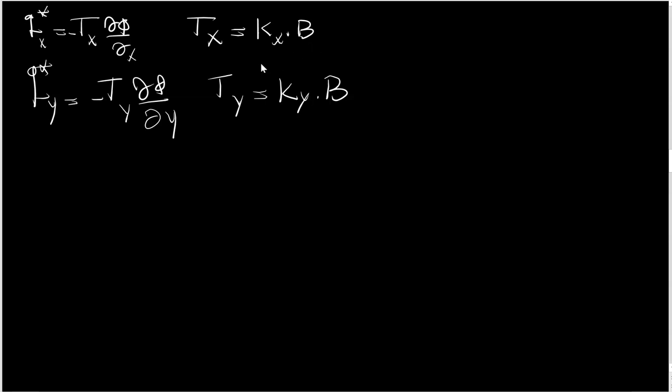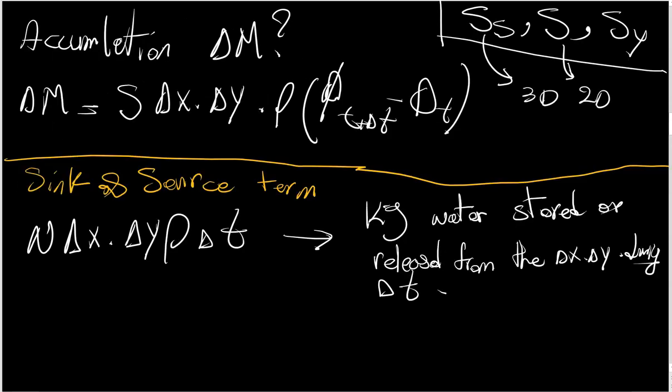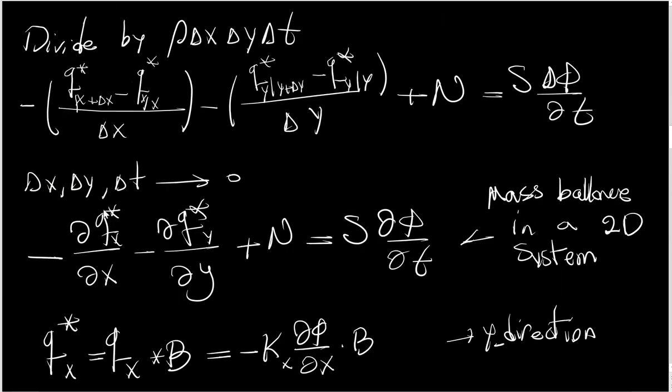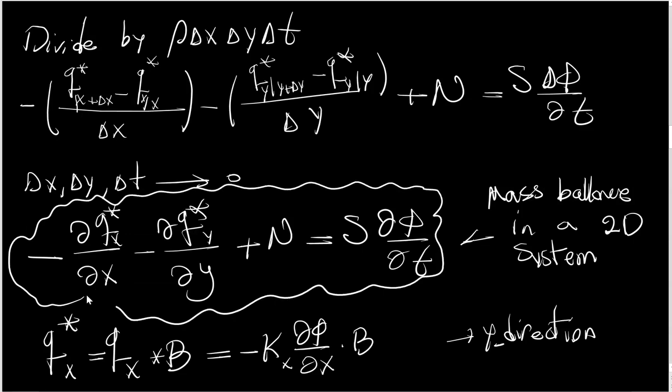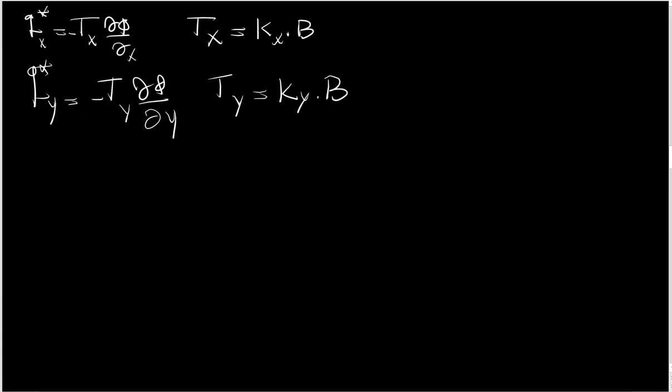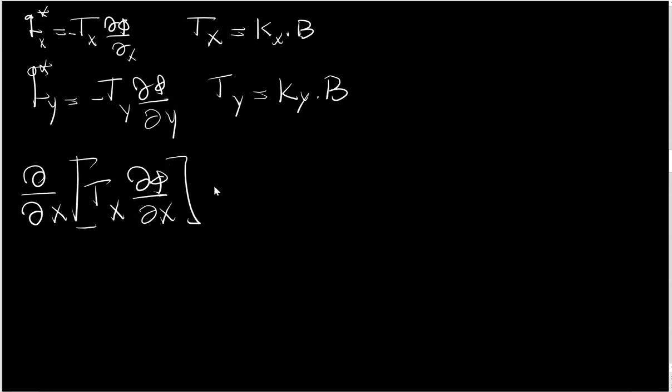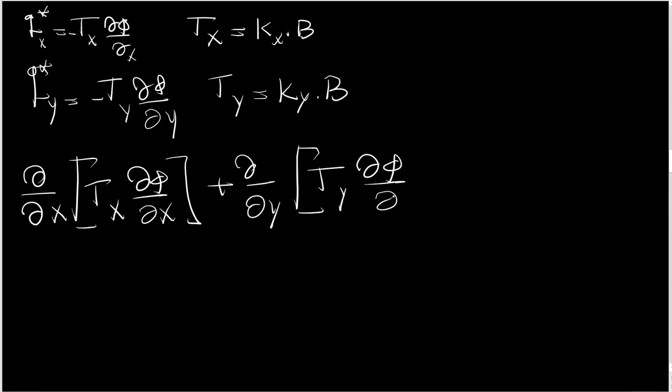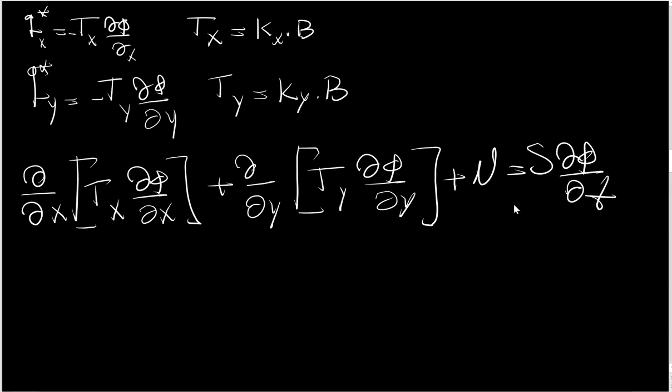So now using this, I can write this equation as partial x, Tx partial phi partial x, plus partial y, Ty partial phi partial y, plus n equals S partial phi partial t.